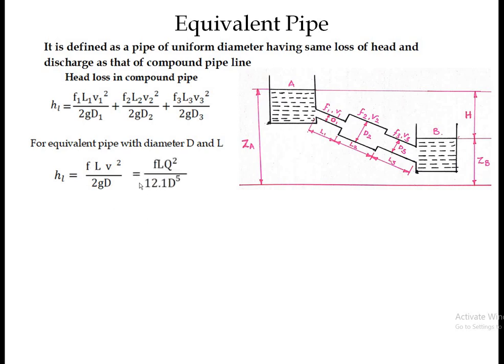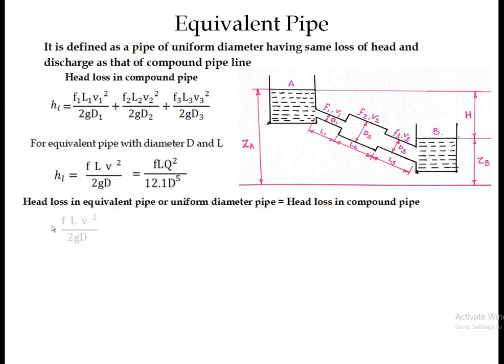Again, in the Darcy-Weisbach equation we have seen that f L V square upon 2g D is the head loss in terms of velocity, and f L Q square upon 12.1 d raised to 5 is the head loss in terms of discharge. So we can write that head loss in the equivalent or uniform diameter pipe equals head loss in the compound pipe.